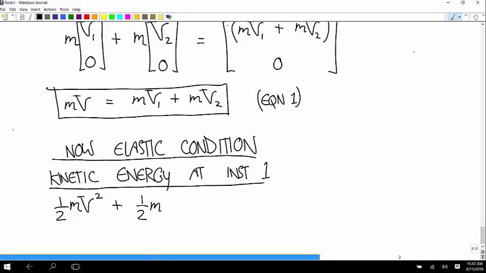What's that? 0, yep. And so you just get a total kinetic energy before the collision of 1/2 mv squared.